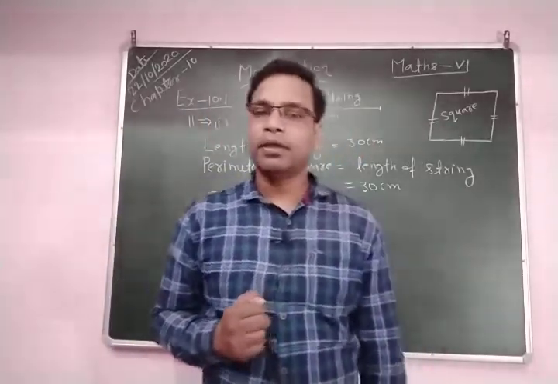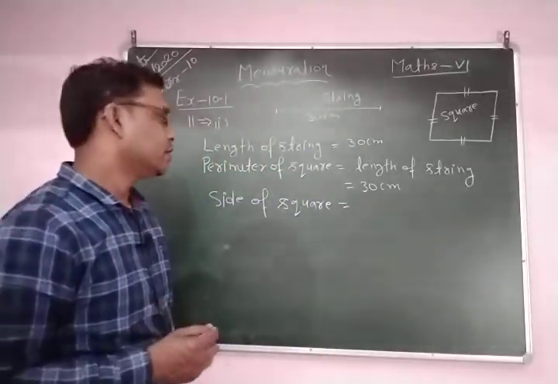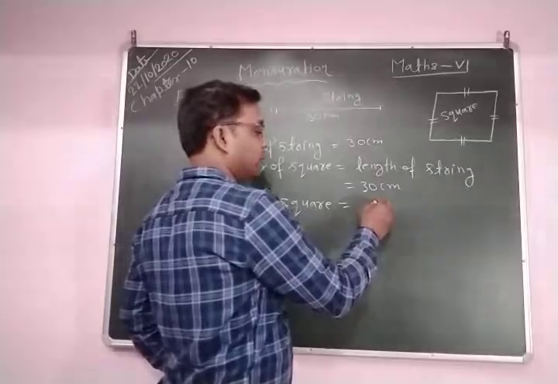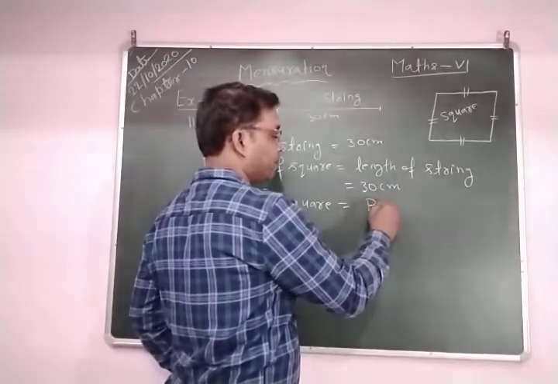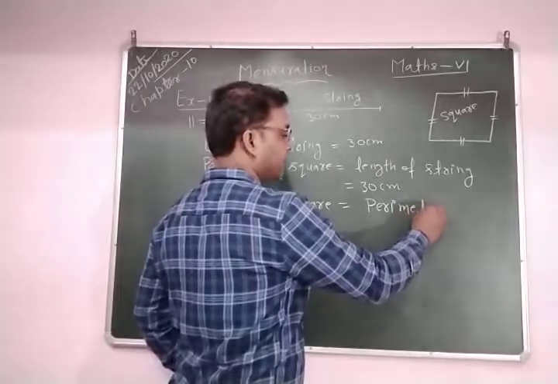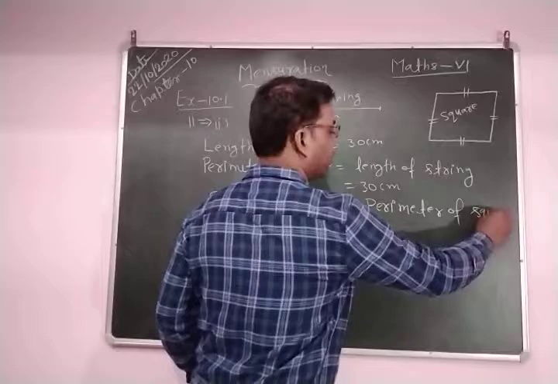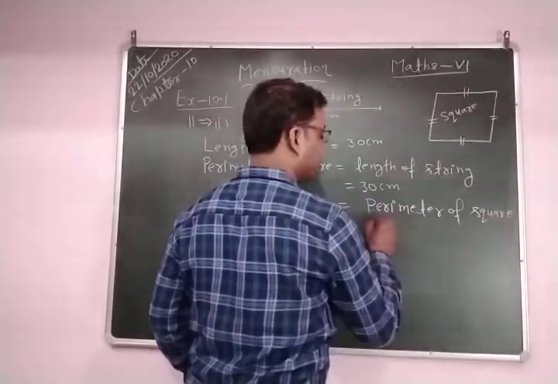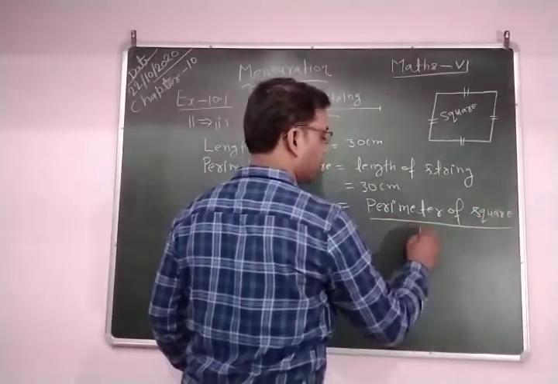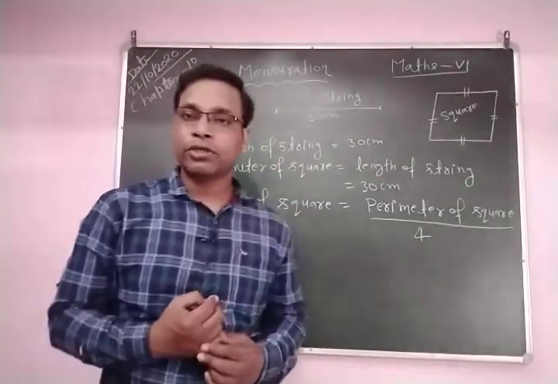So side of square is equal to perimeter of square by 4. Okay, side of square is equal to perimeter of square by 4.